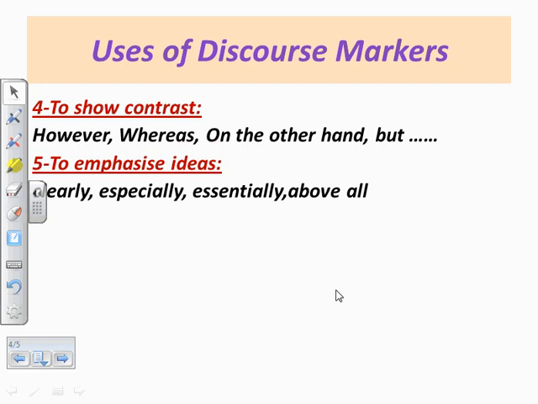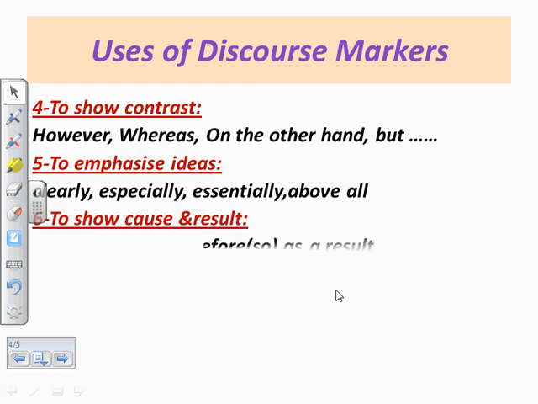Clearly, especially, essentially, above all. To show cause and result, like hence, because, therefore, and so are the same meaning, but therefore is more formal, so is informal. They are the same meaning.